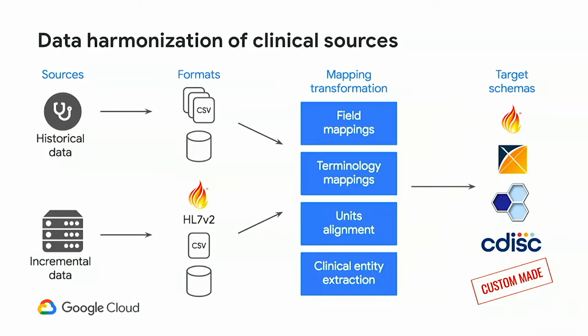And then underneath, I2B2 and CDISC, and frankly, any other schema, because we all know that for many health systems, or for certain analyses, there are always schemas that already exist that people need to continue using, at least for a while. So you don't need to change the approach you're taking in order to leverage Cloud CDW. Right now, FHIR and OMOP exist as target schemas within Cloud CDW, as well as custom schemas, and then we'll be adding CDISC and I2B2 over time.